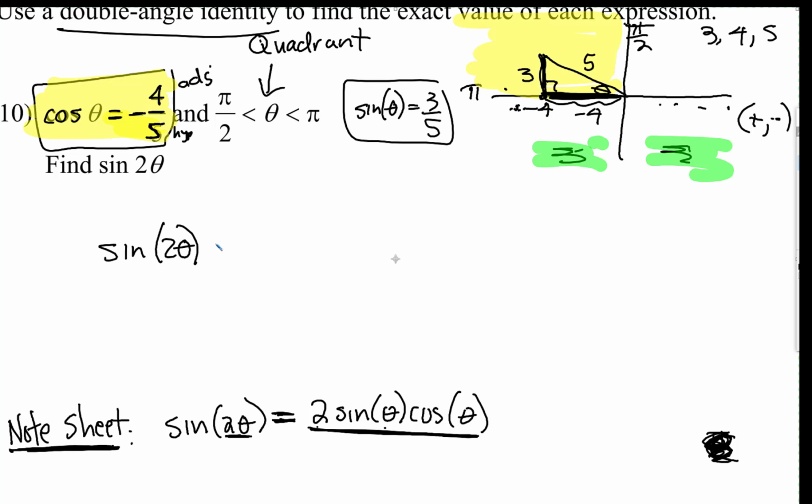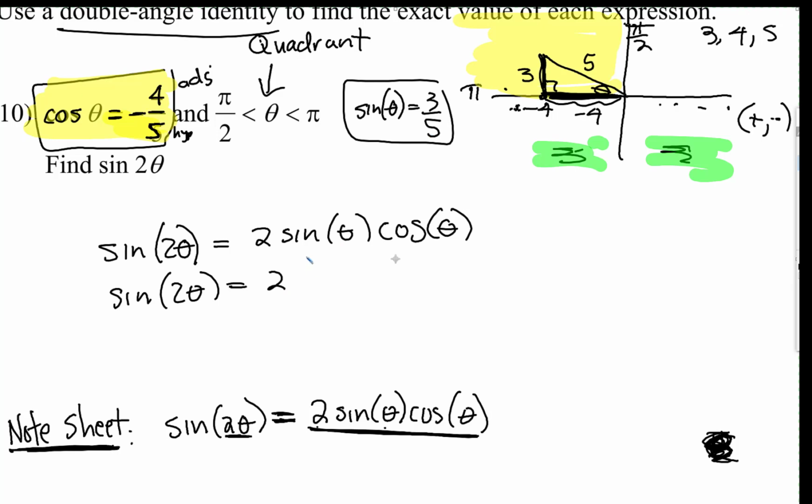So sine 2 theta is equal to 2 times sine theta times cosine theta. I would want to see that written out on your paper. And then again, sine 2 theta, and now you fill things in. Sine theta is positive 3/5. Cosine theta is negative 4/5.